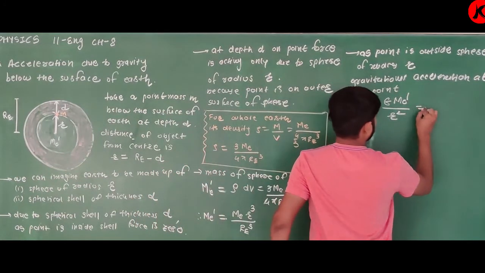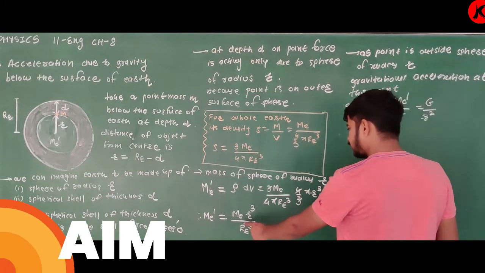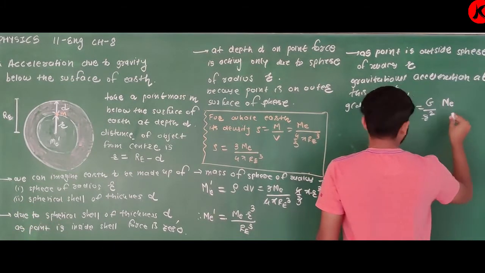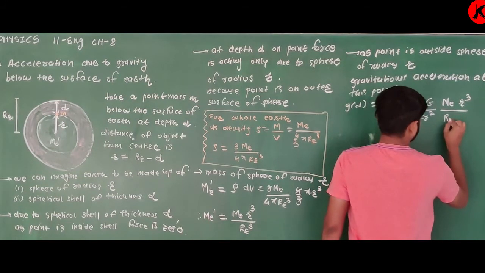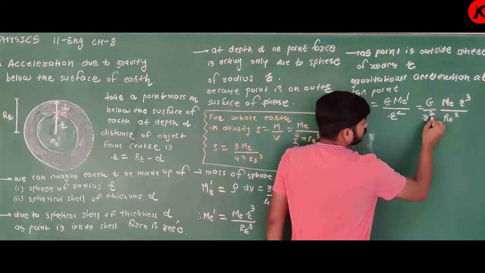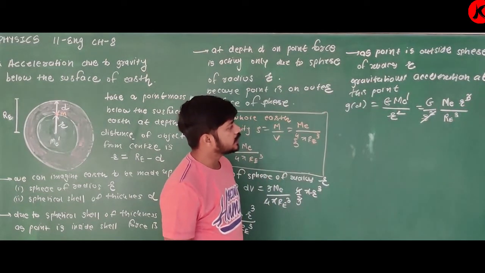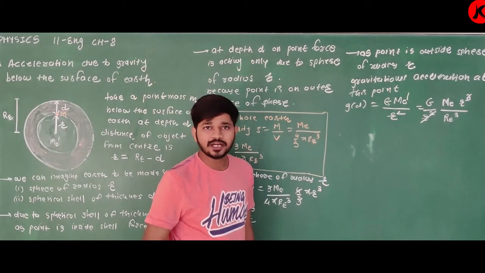So it is G upon r square, and ME dash is ME r cubed upon RE cubed. So r square cuts, and here it is only r. Any doubt? Okay.